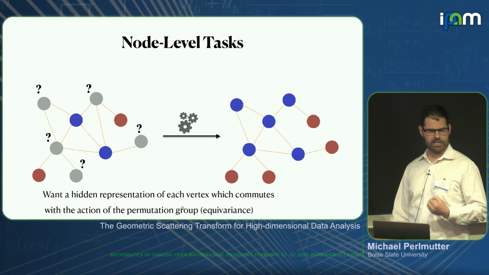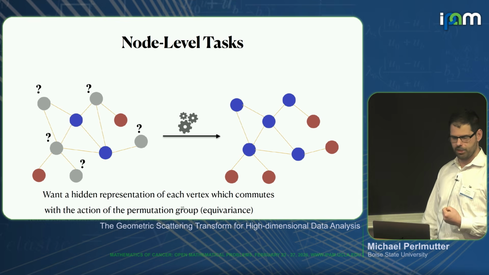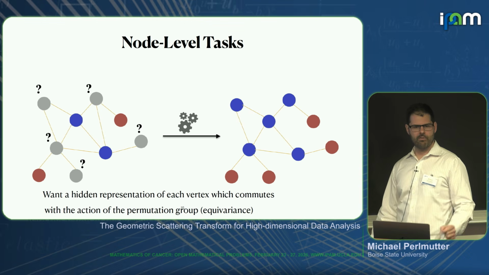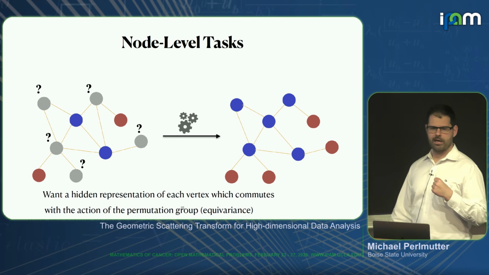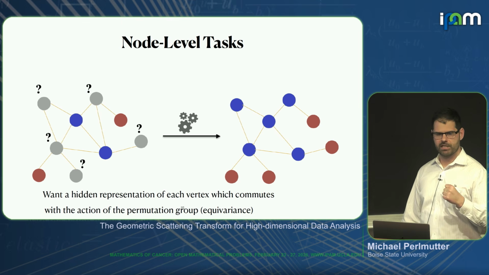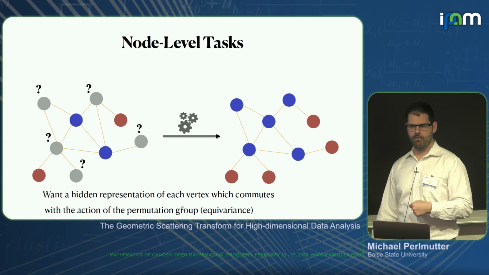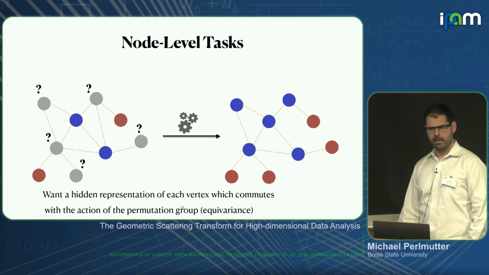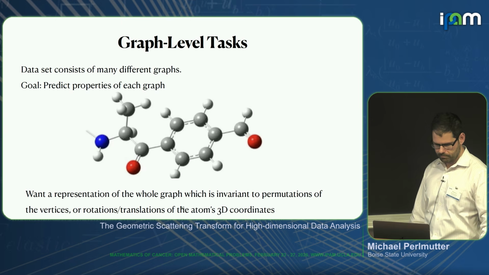You've got features associated to every vertex on the graph, and the goal is to make predictions about individual vertices. So in this context, if you were to relabel the graph, if you were to permute the ordering of the vertices, you're going to want to make sure that your hidden representation of all the vertices is going to be permuted in the same manner. So you would want equivariance with respect to the permutation group, which is kind of the graph-level analog of the where-are-the-eyes task.